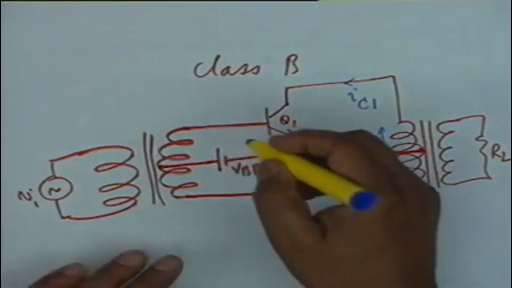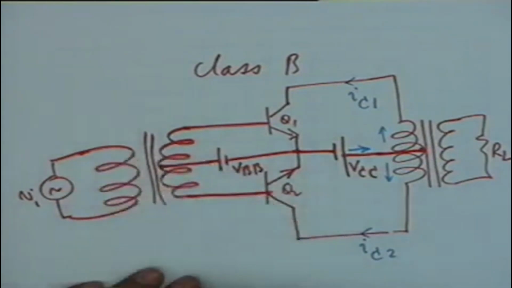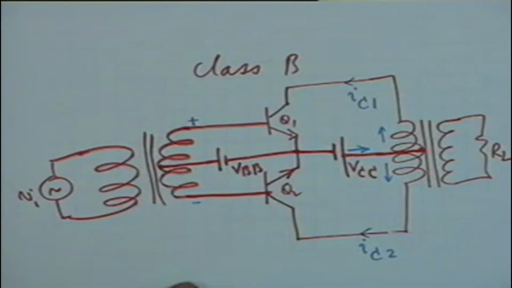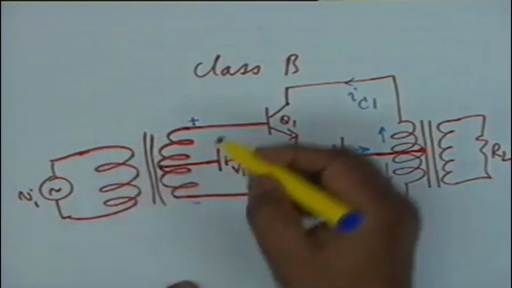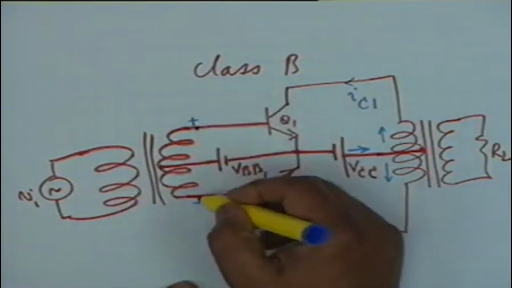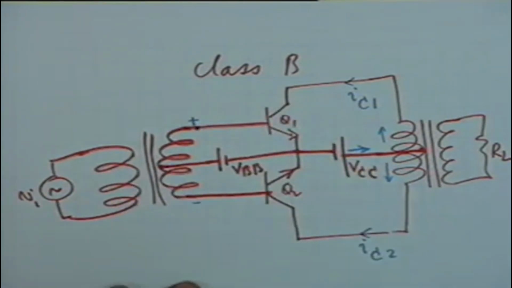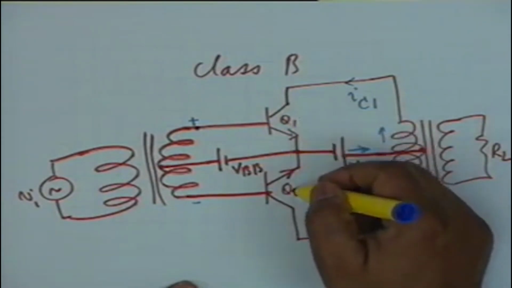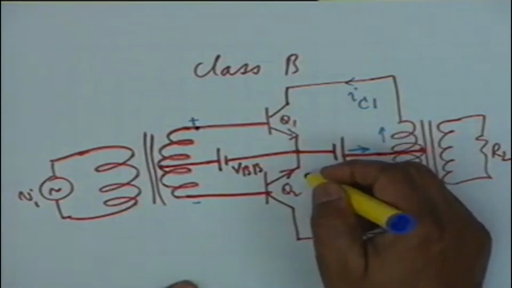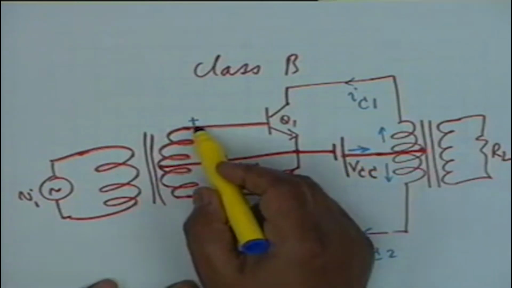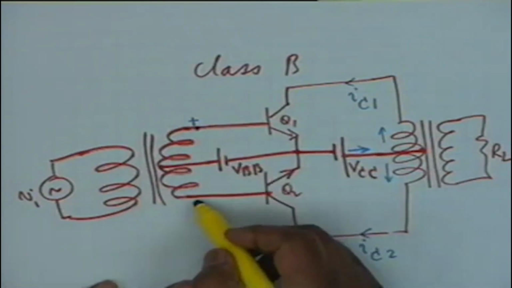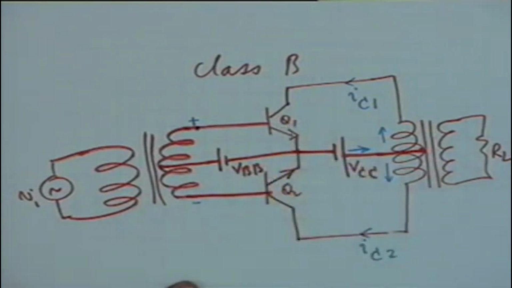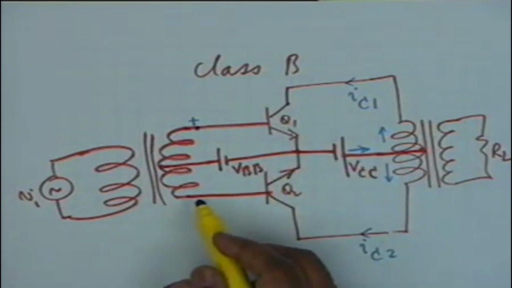When the signal is such that the upper terminal is positive with respect to the lower terminal, obviously Q1 shall conduct, Q2 shall not conduct, because Q2 base is then negatively biased.